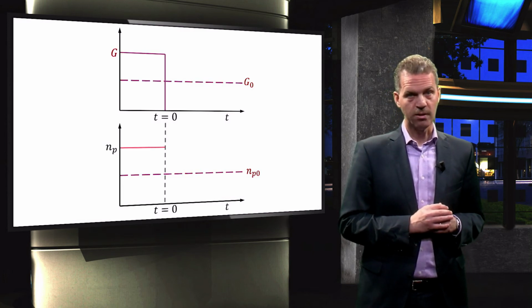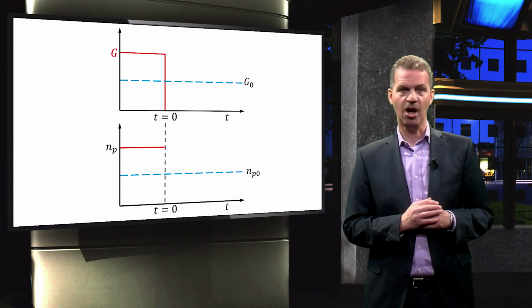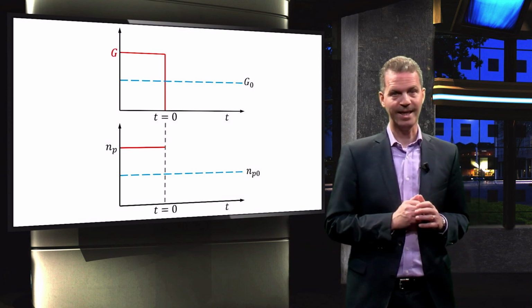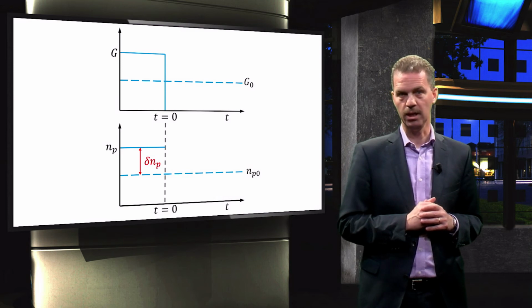The external generation rate G before t = 0 results in a higher electron density. More precisely, we look at the excess electron concentration delta NP.